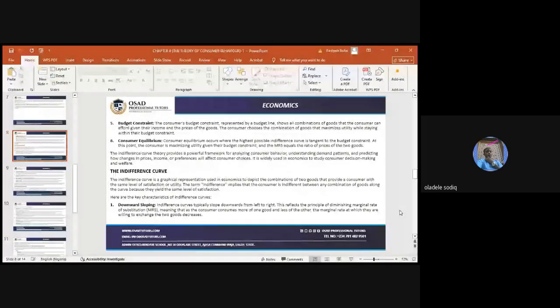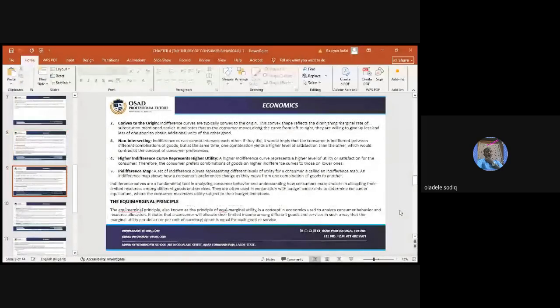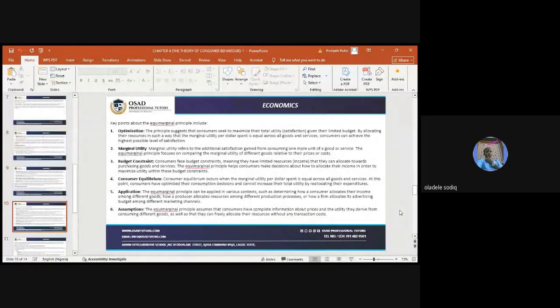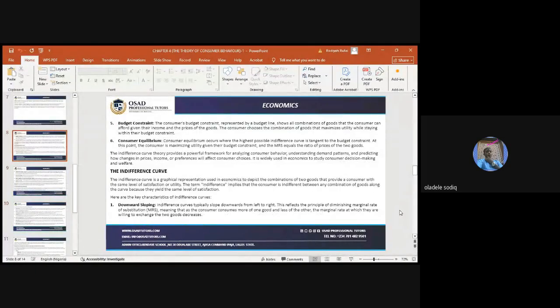So then again, we also have convex to the origin. We are talking about the key characteristics of indifference curves. The first one is that your indifference curve slopes downward from left to right. Forget about the story, just pick one thing there.